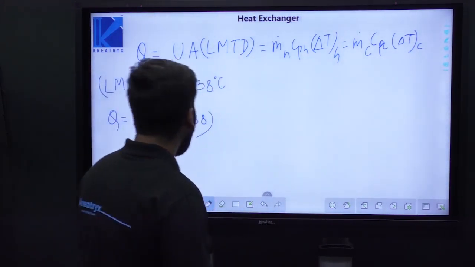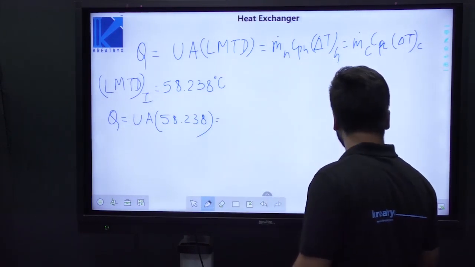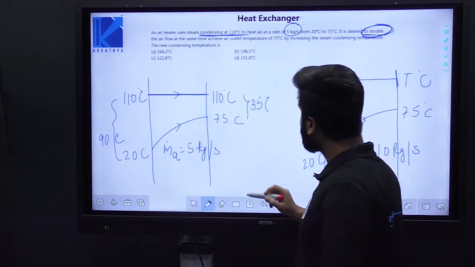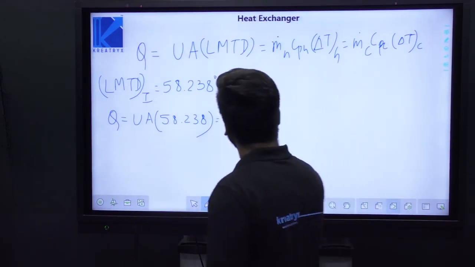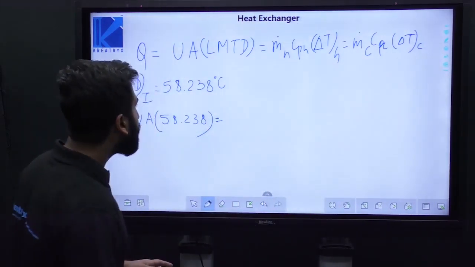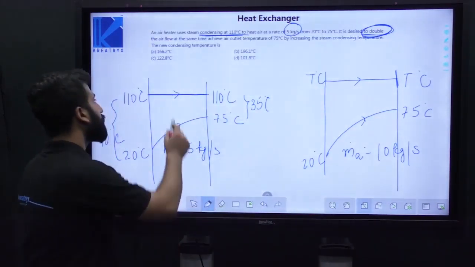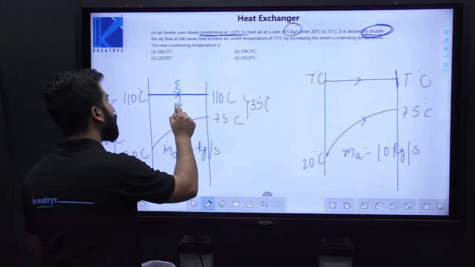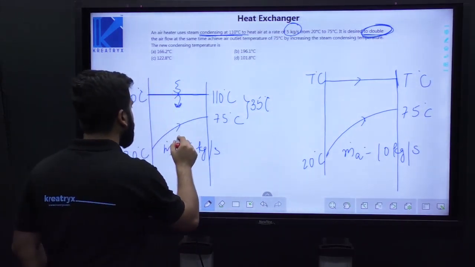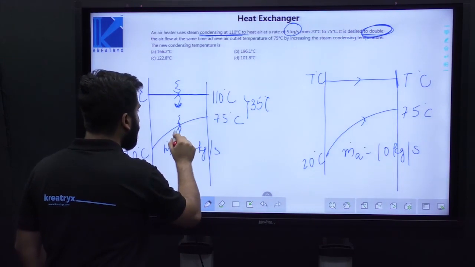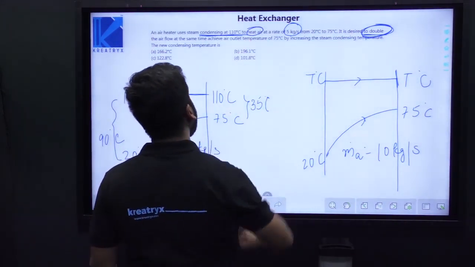Also I can say that the heat lost by the condensing steam is the heat gained by this air. This is used to heat air.